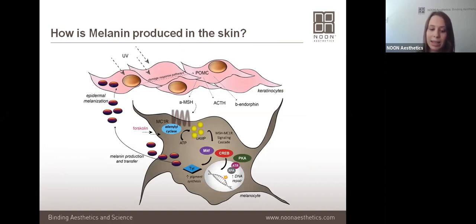If we start at the beginning of this process, we can see that when the UV rays contact the keratinocytes, which is the cell up at the top of this picture over here, the UV ray contacts it and starts a process with a lot of stages, actually, that at the end of the process, the melanin is distributed to the keratinocytes.